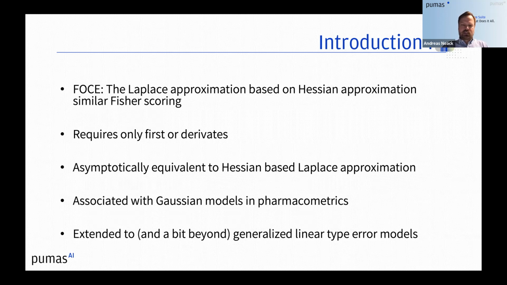I believe this is to a large extent associated with the software development, where the Gaussian models were made available in a very convenient way early on in the available software packages for pharmacometrics. And therefore, people got used to modeling their data through Gaussian models.